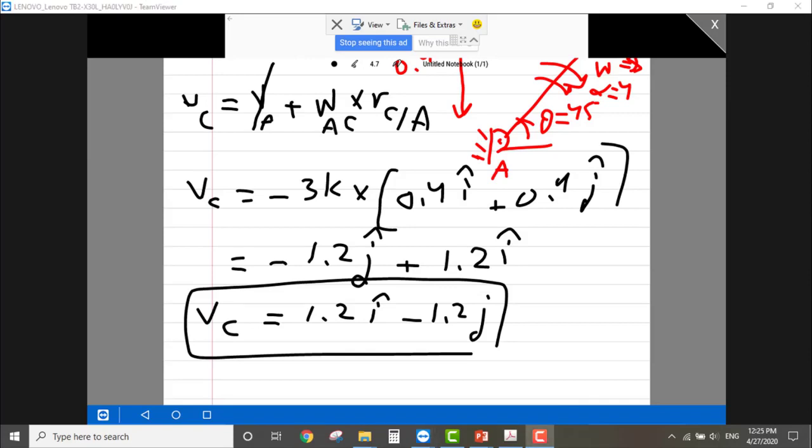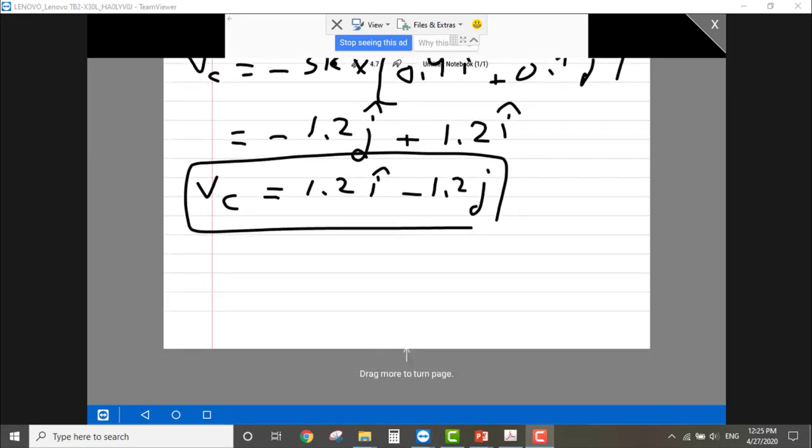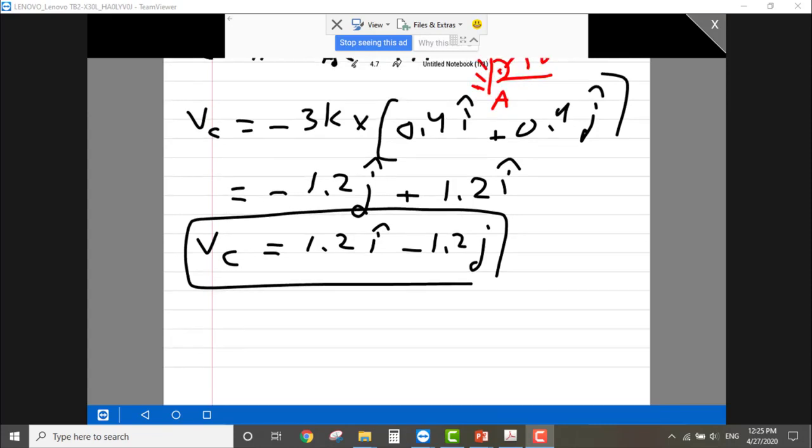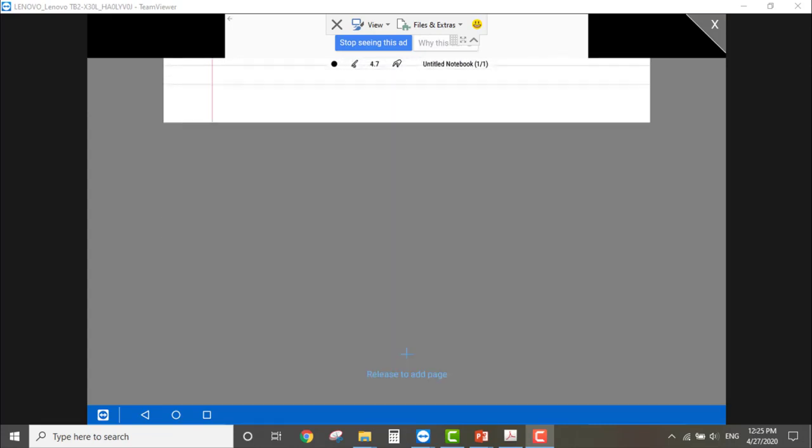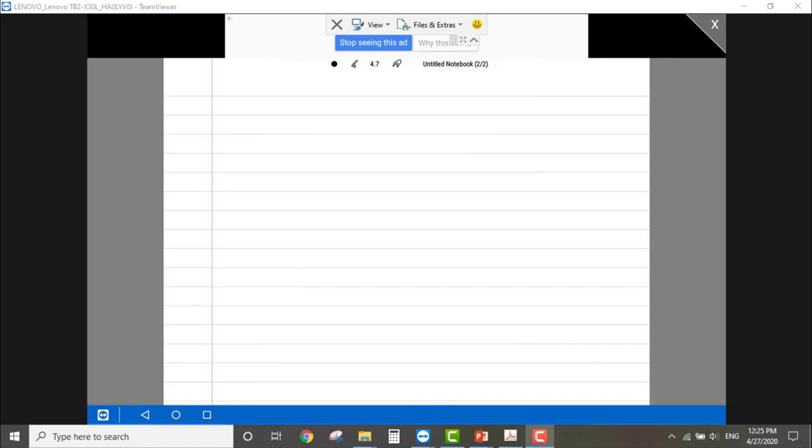Okay, so now let's move to the acceleration equation for this link, since we could find the first unknown, which is VC.